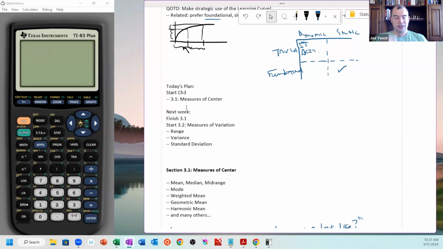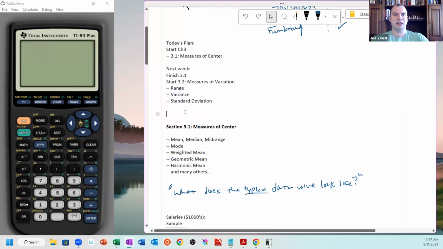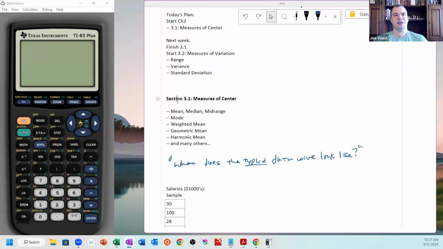So particularly in chapter 3, my rough recommendation would be, if you're being asked to compute a measure of center, if you're in section 3.1 and you have a data set of size 10 or so, maybe up to 15 or 20, and you need to compute something like a mean or a median, it's probably best to do that by hand, to get the practice and to understand how all these computations work.